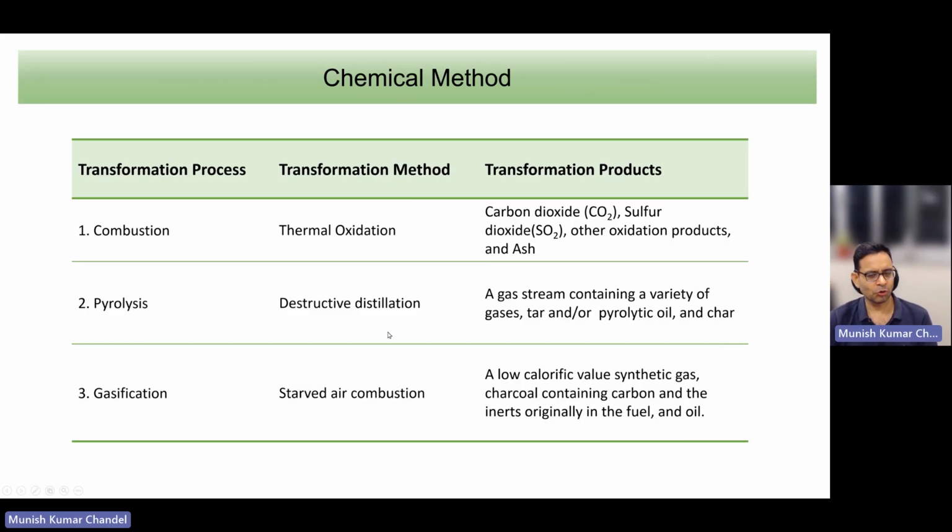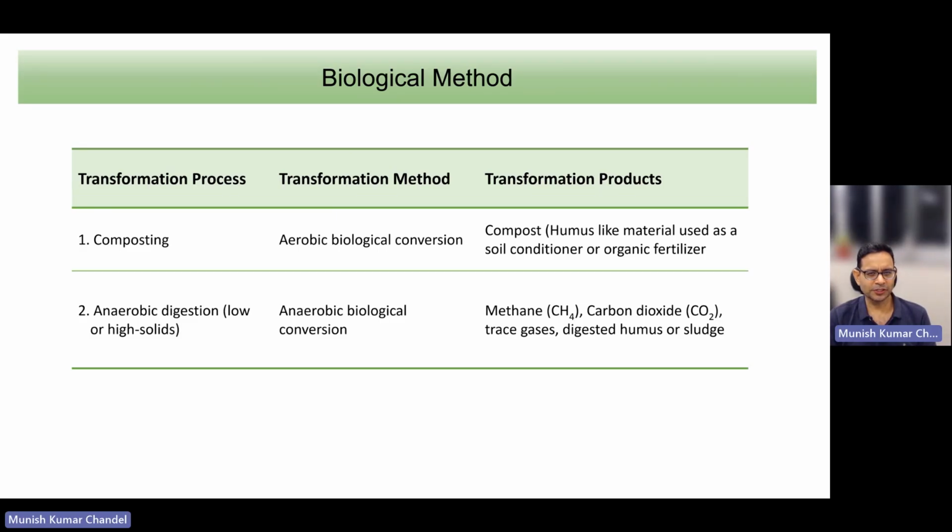In pyrolysis, no oxidation actually, no supply of oxygen or air. And we simply heat the waste at a very high temperature. And this eventually converts your waste into a pyrolytic oil, which is the main objective here. Along with that, you get char and pyrolytic gases and some tar also. We will talk about these processes a little bit later.